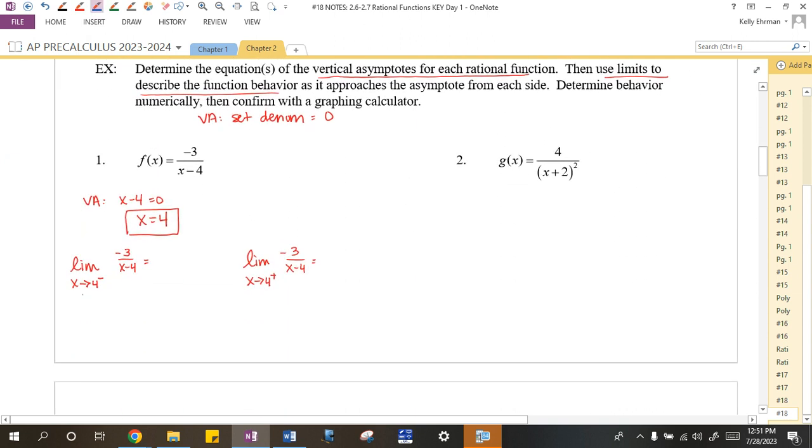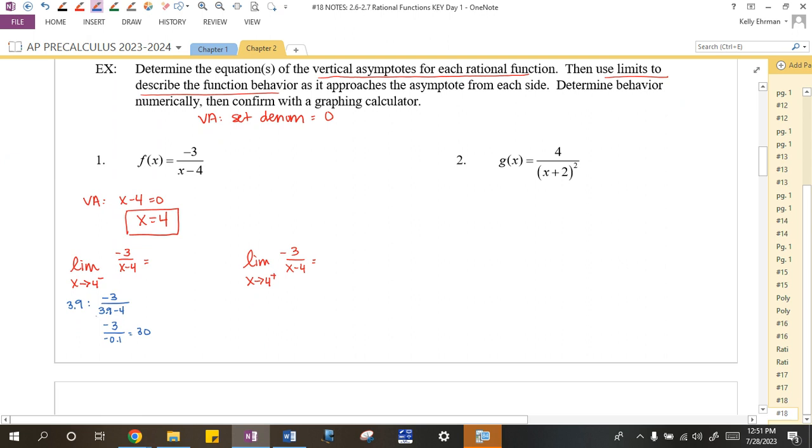So to the left, let's just use 3.9. We don't really have to get extreme. We're just saying, are we going to get a positive or a negative? If we plug in 3.9, we get negative 3 divided by 3.9 minus 4. That's negative 3 divided by negative 0.1. That's positive 30, right? 3 divided by 1/10.